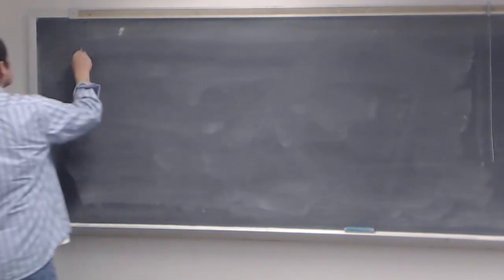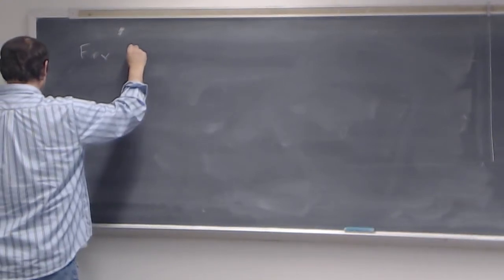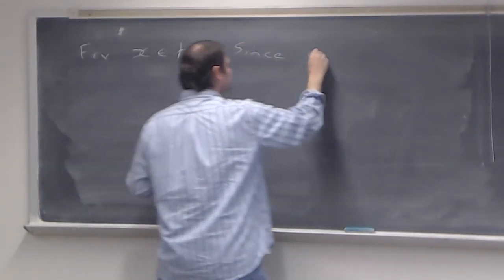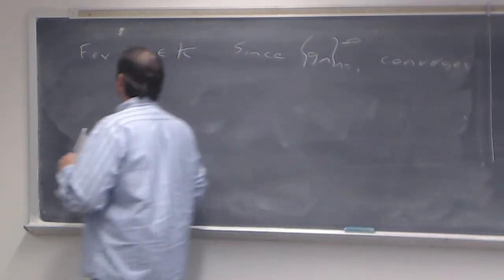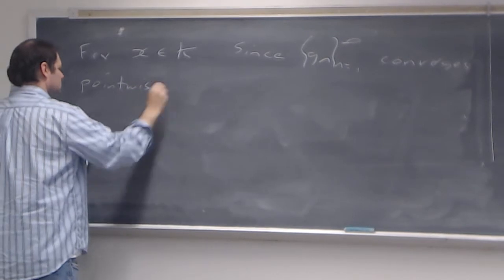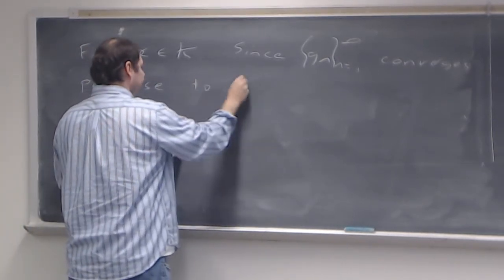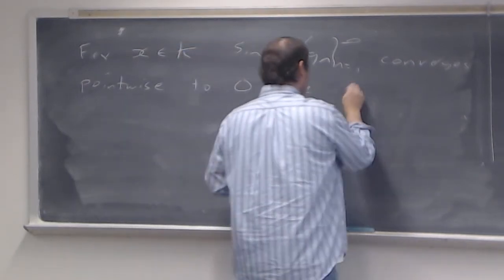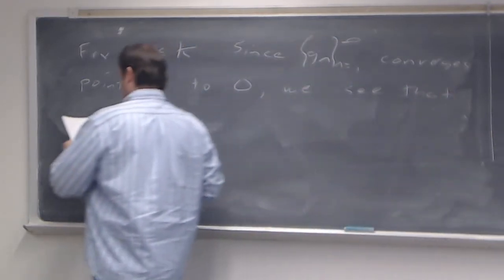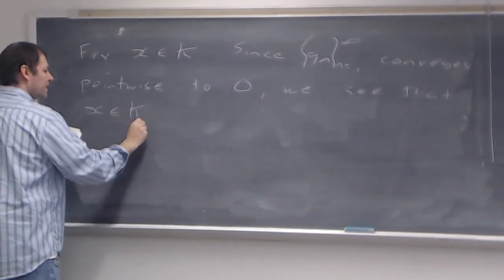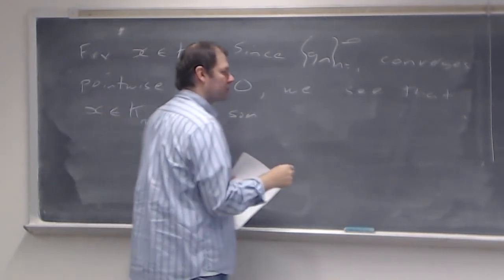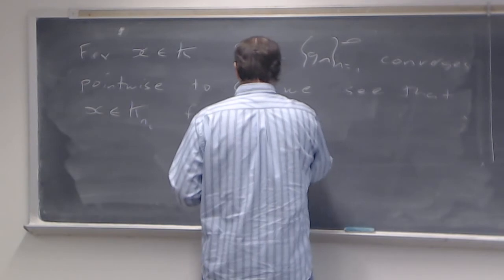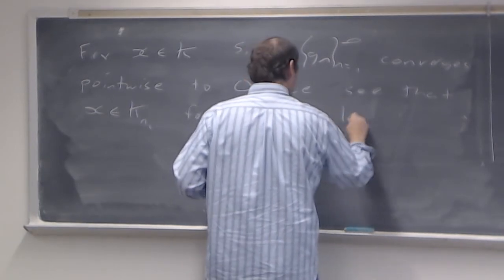Okay, well, if we fix x, an element of K, a particular x, since G sub n is a sequence of functions that converges pointwise to 0, we see that x will not be an element of K sub n sub I for n sub I large enough.